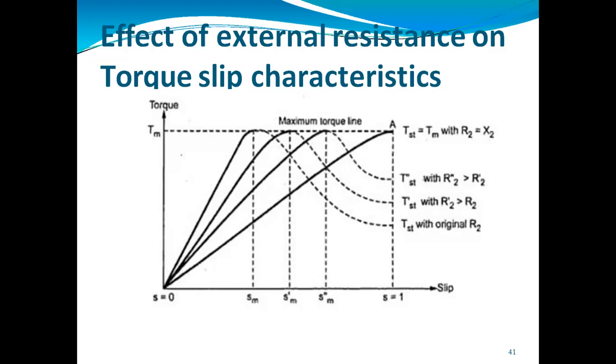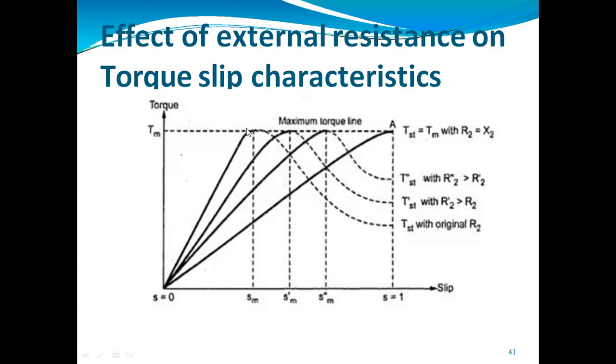And for larger slip, torque will be inversely proportional to the slip. So the torque slip curve will become like this. If we are increasing the value of slip, the value of resistance will decrease.